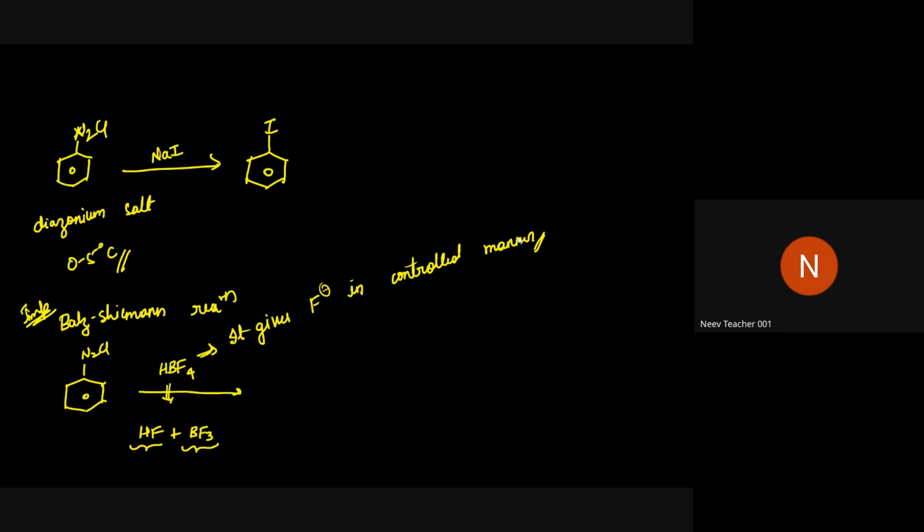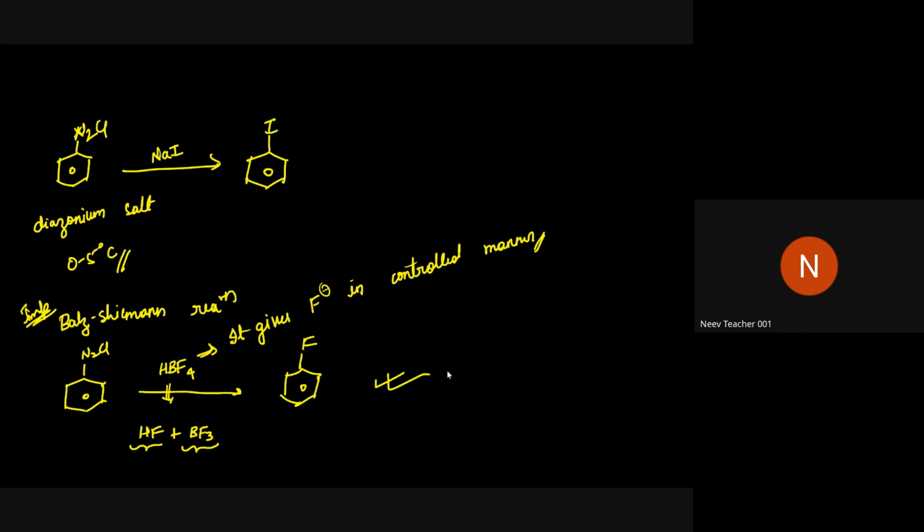We don't want fluorine to be highly reactive. So this HBF4 does not let the F minus concentration increase too much in the solution. It gives F minus in a very controlled manner, and F minus goes and substitutes the N2Cl. So we get fluorobenzene.